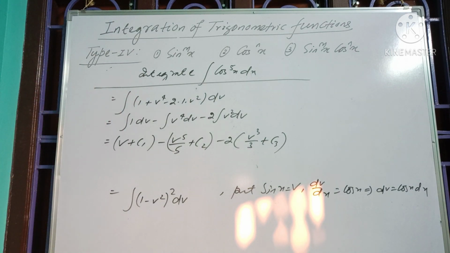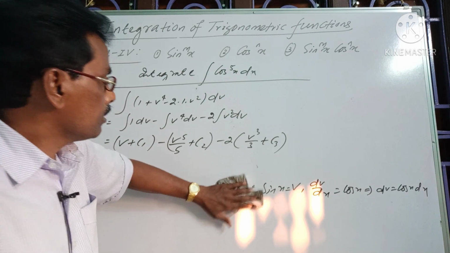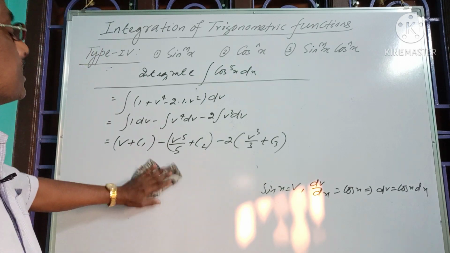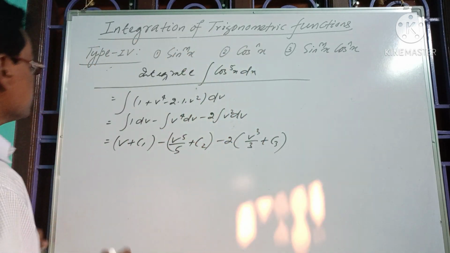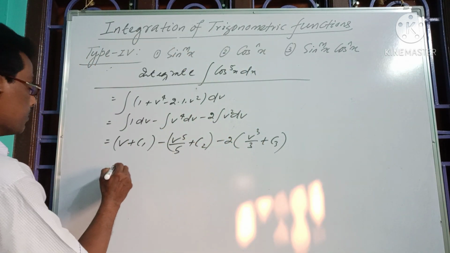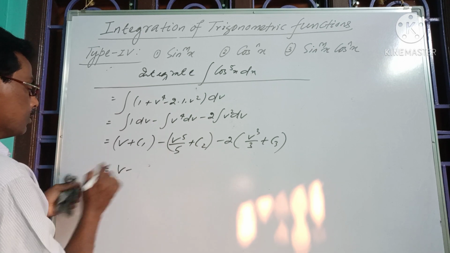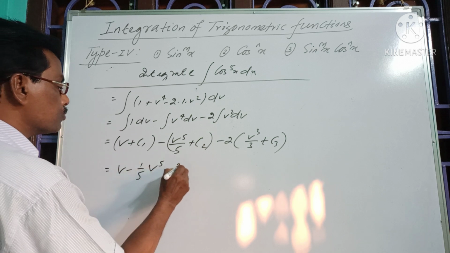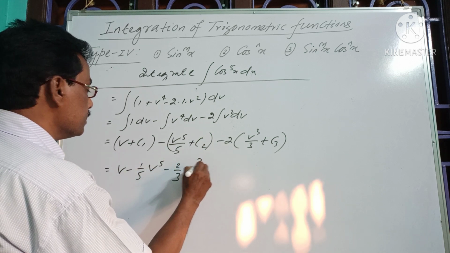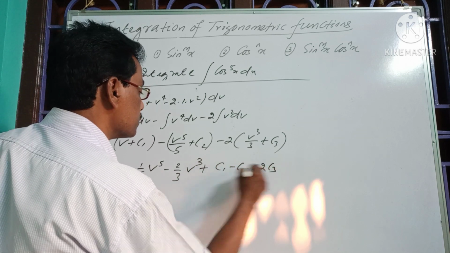So now collecting the constants and collecting the functions, we have v minus 1 by 5 into v to the power 5 minus 2 by 3 into v to the power 3 plus c1 minus c2 minus 2c3.